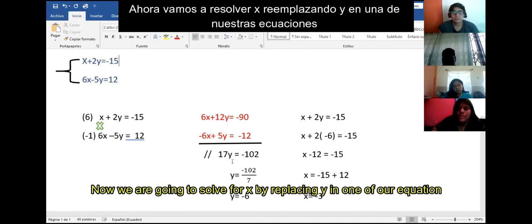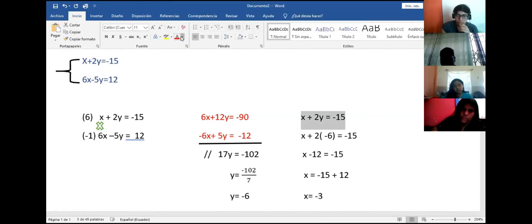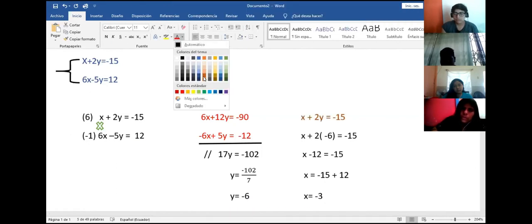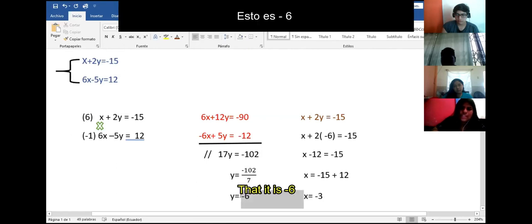Now we are going to solve for x by replacing y in one of our equations. I select the first equation. I'm replacing the letter y with the result, that is less 6.